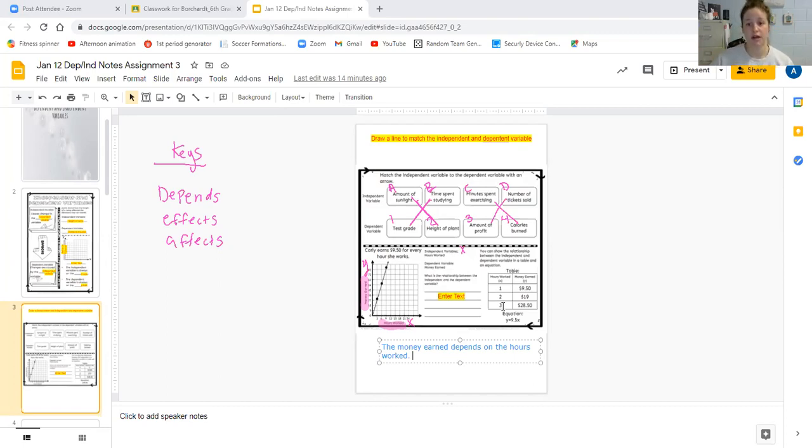So if I'm looking at this, we have our independent variable, which is our X, our hours worked, right here. And what did I do to the one to get to $9.50? What operation did I use and what did I do to it? Chat it up.